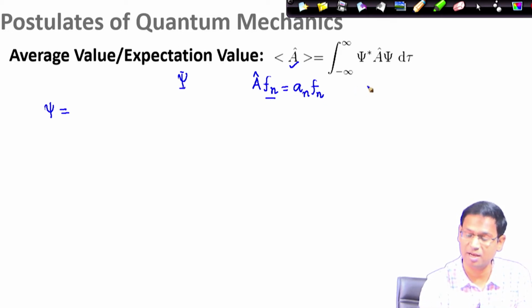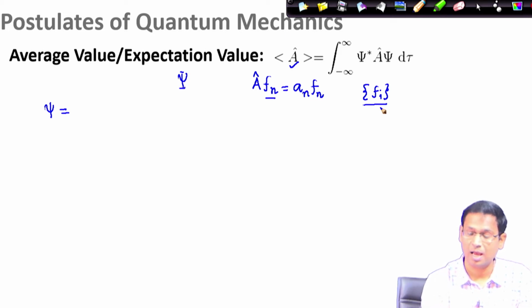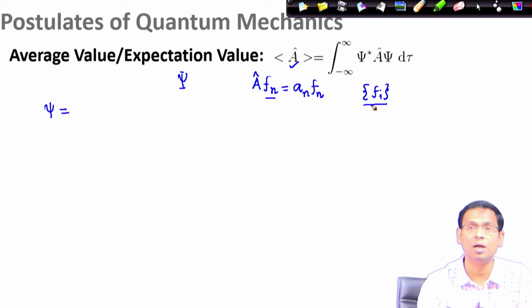So, this f n is one of these f i's, where the f i's form a complete set of orthonormal eigenfunctions, and a n is the corresponding eigenvalue, where we also know that the eigenvalues of a Hermitian operator are real. So, a n is real and f n is one of the eigenfunctions from this complete set of orthonormal eigenfunctions.